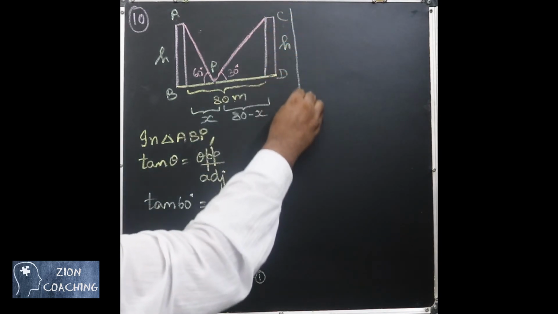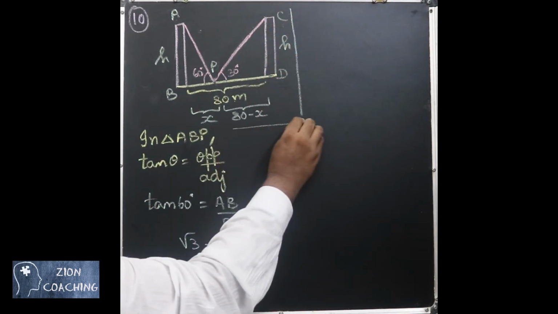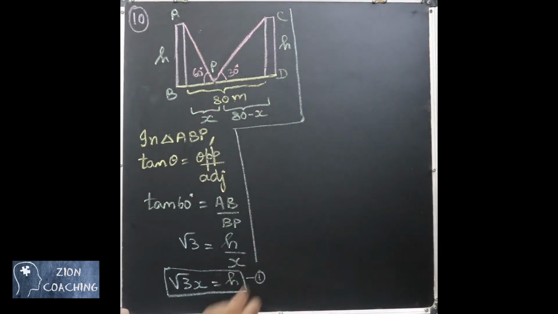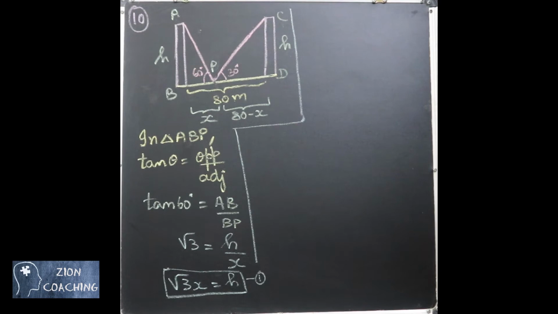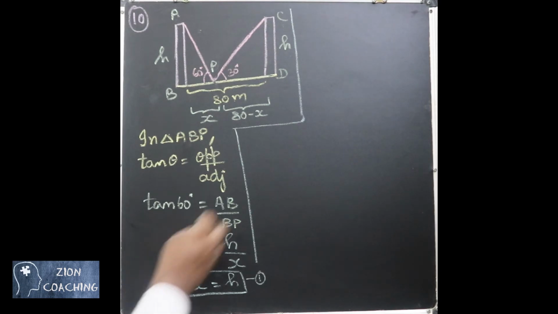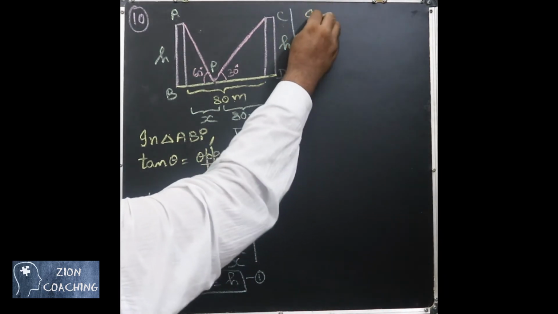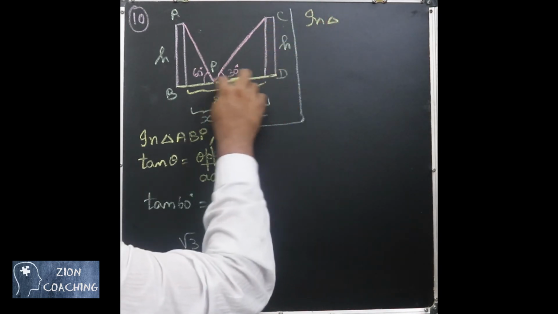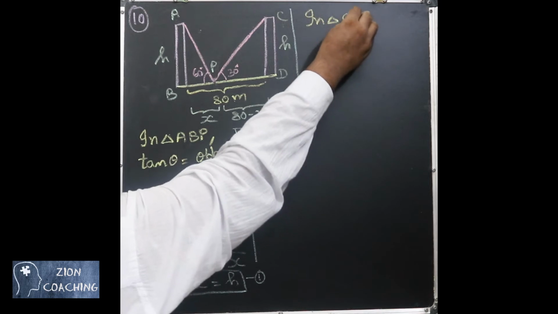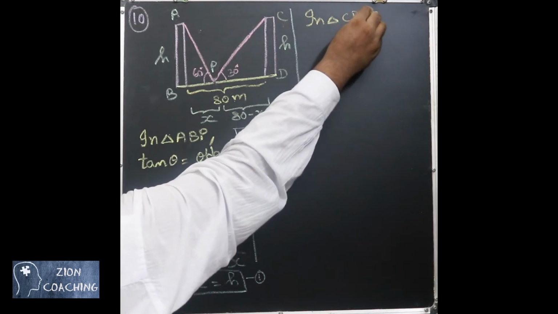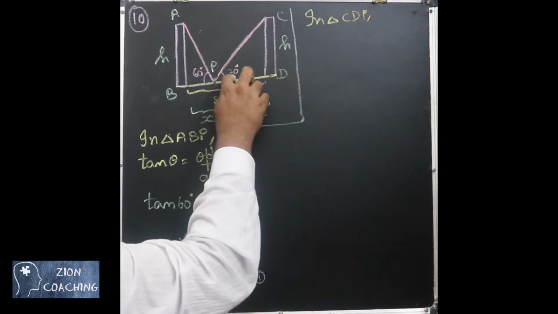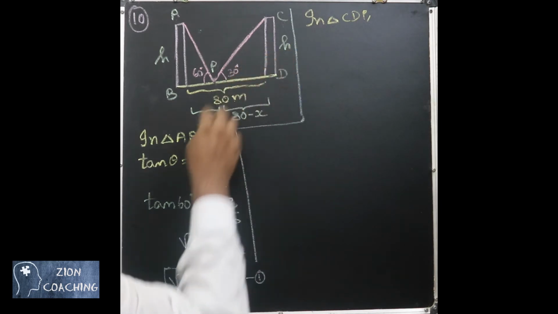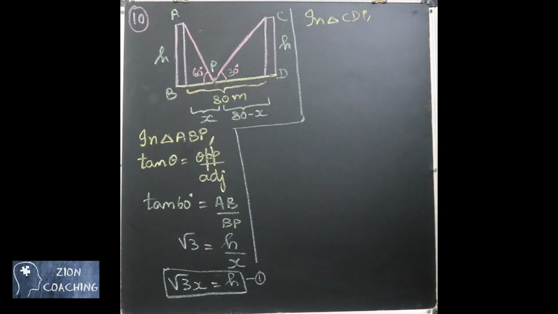Now we will take the second triangle, triangle CDP. Again the angle is given, so we relate the opposite side and the adjacent side using tan theta.